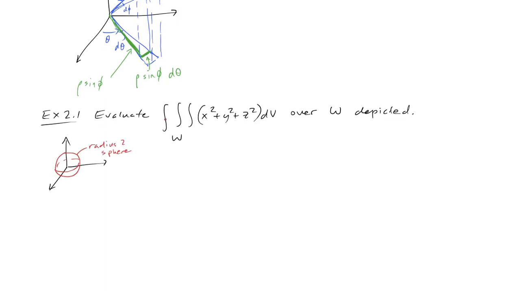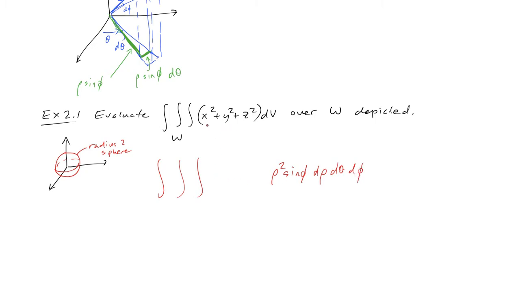So we're asked to evaluate this triple integral over this sphere of radius 2. And in Cartesian coordinates, this would be a very difficult integral to do because you'd have to figure out the surfaces and the region in the xy plane. But in spherical coordinates, this is very straightforward. So the first thing we do is replace dV with our volume element, which is rho squared sine phi d rho d theta d phi.